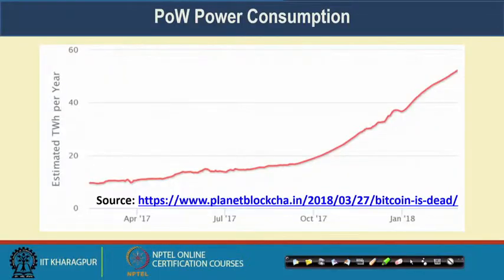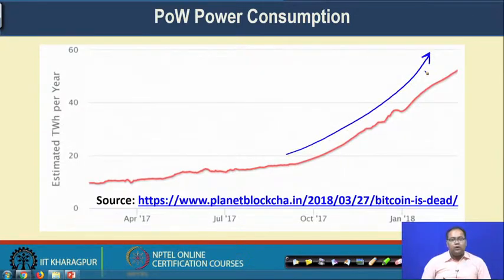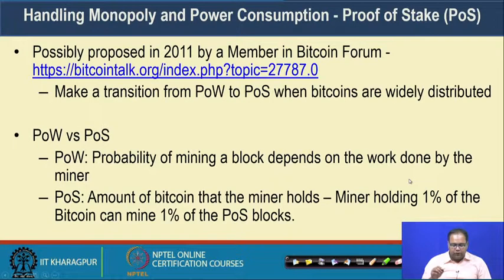This curve typically shows the power consumption of the Bitcoin network. You can see that with time there is a kind of exponential growth in the power consumption due to Bitcoin mining.